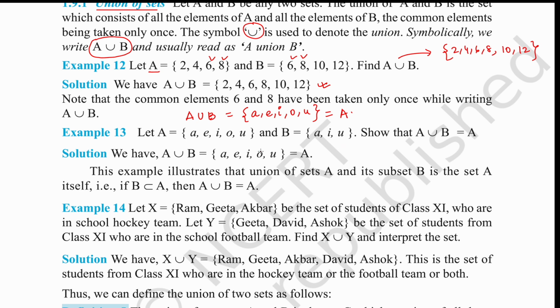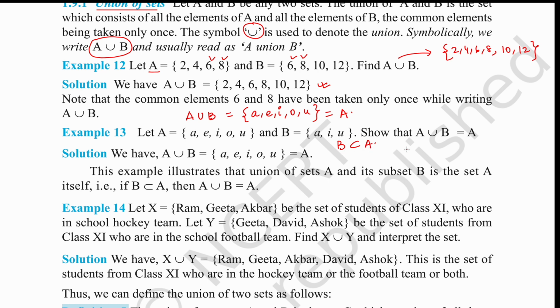If you see carefully the two sets A and B, you can clearly see that all the elements of set B are there inside set A. So here you have B as a subset of A. So whenever you have this case, when one of the sets is a subset of another set, then if you take the union of the two, you'll be getting the bigger set as the resultant.